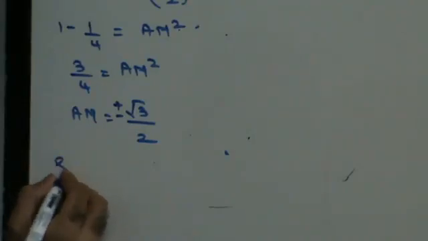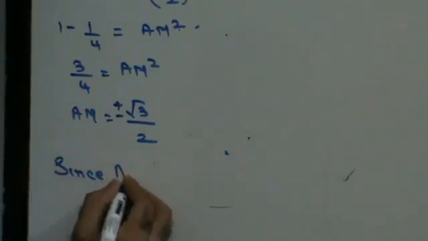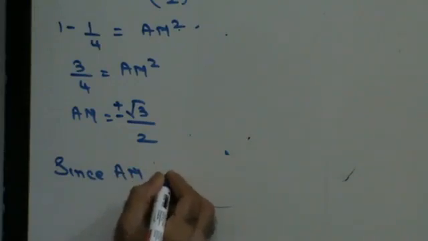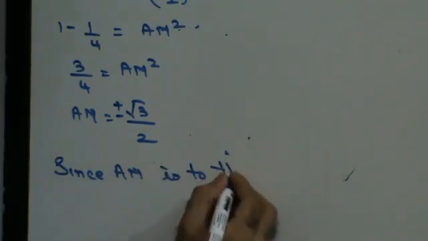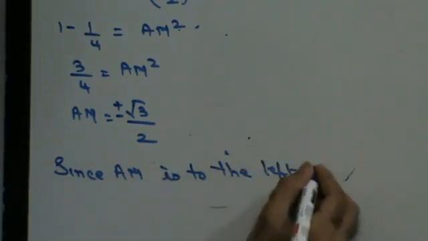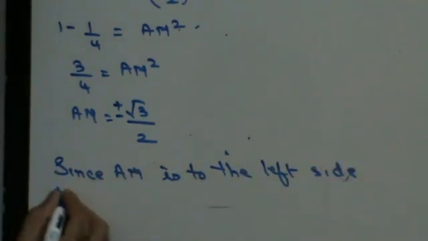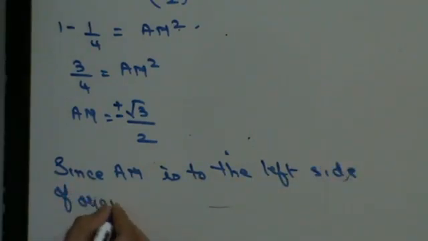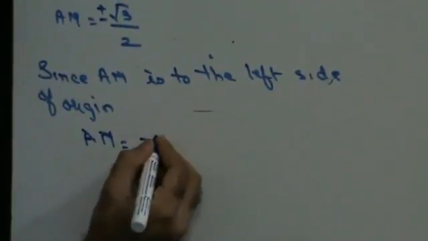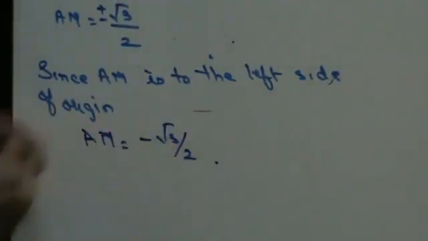Since AM is to the left side of the origin, therefore AM will be negative, minus root 3 by 2.